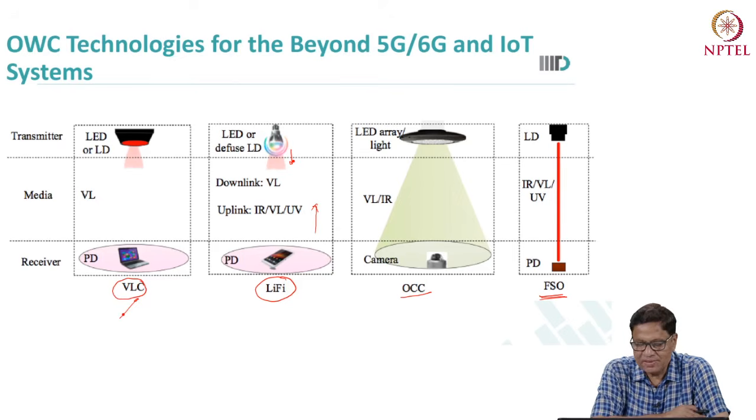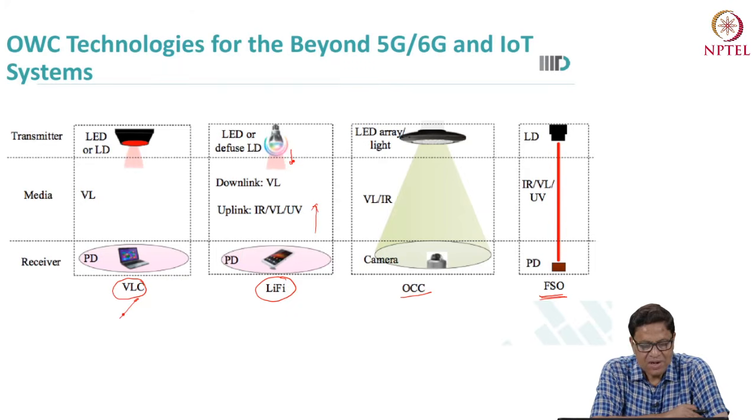Suppose you want to connect two points which are 2 kilometers away, for example, and you are not able to lay cables because of certain issues, then one can use free space optics for covering that distance of 2 kilometers by installing a laser transmitter or optical transmitter, and then there is a line of sight with the optical receiver, and one can establish a connection or link between the transmitter and receiver.